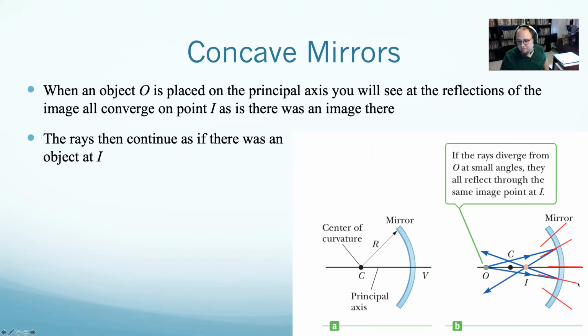If you look at all the reflections it can make, all of the reflections will converge on one set spot. They go out, bounce off the mirror, come down, and all converge at that same spot.